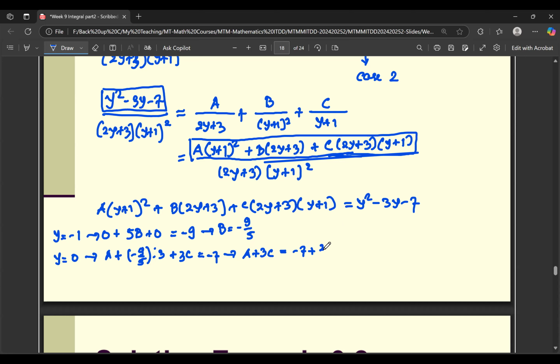Divide by 5, so 5 times 7 is 35, so we have minus 35 plus 27, divided by 5.